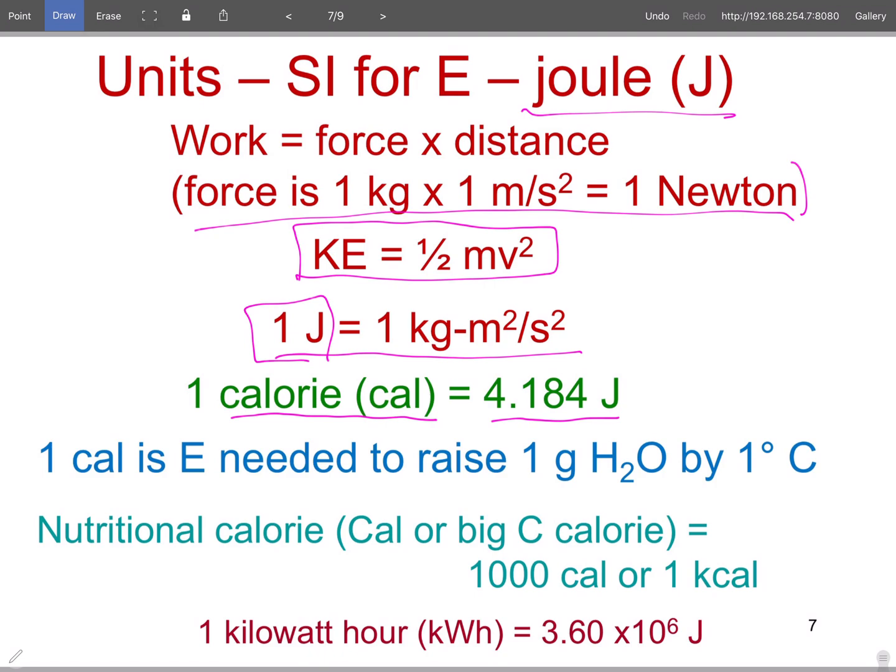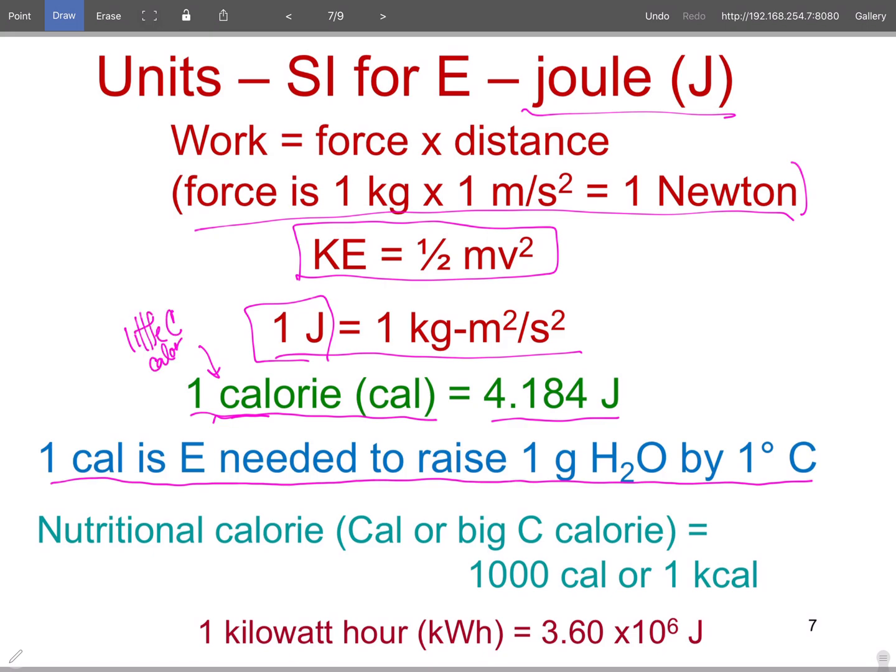Now, because that's the older one, it's got a definition. 1 calorie is the energy needed to raise 1 gram of water by 1 degree C. Do you need to memorize that? No. But we will use it in calorimetry, so it will come back, but I'll repeat it then too. The interesting thing is that these are actually called little c calories.